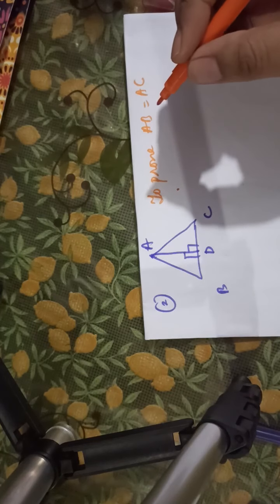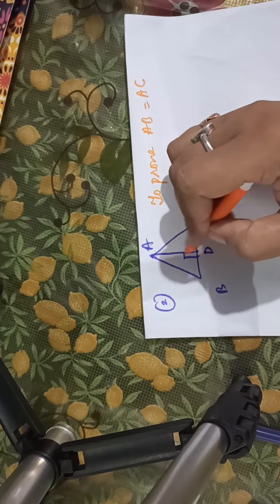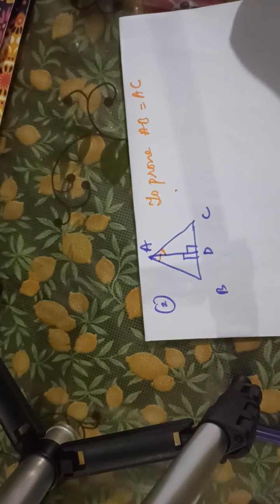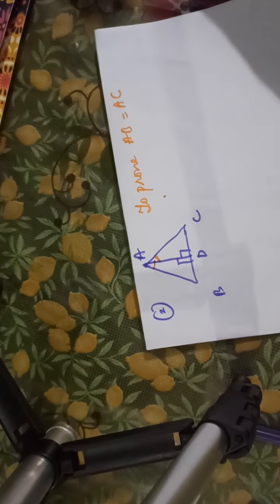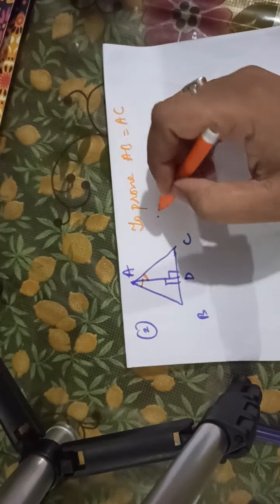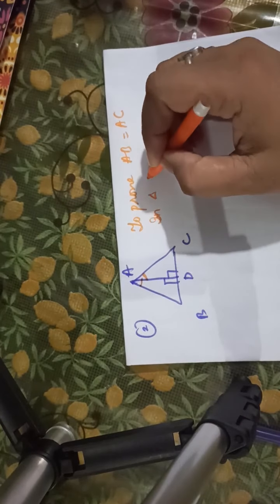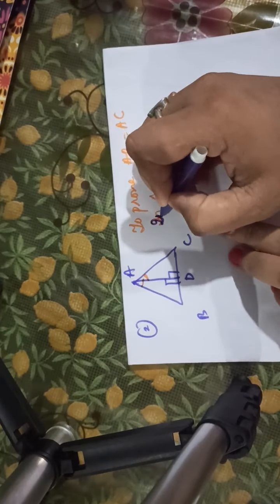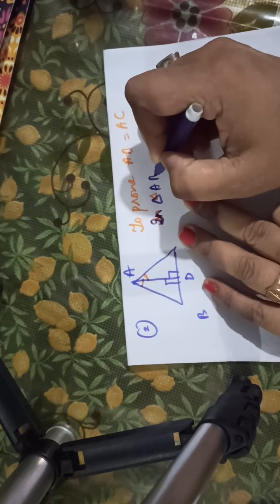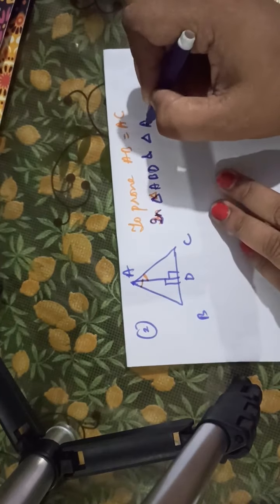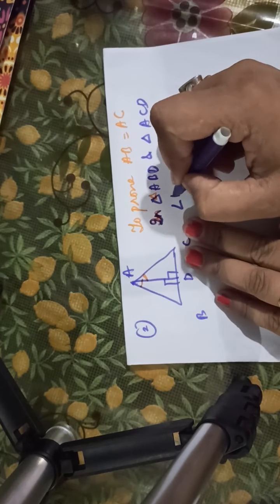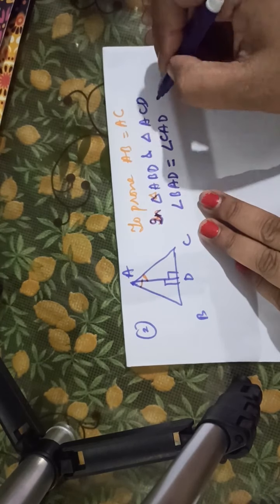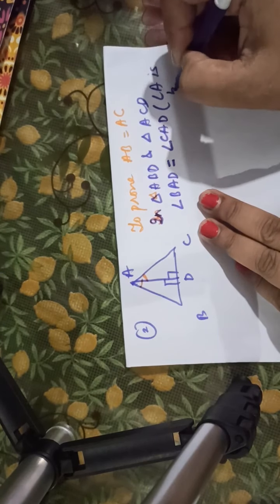That means this angle is also equal to this angle, isn't it? Because angle A has been divided into two parts. So in triangle ABD and triangle ACD, angle BAD is equal to angle CAD. Why? Because AD is the bisector of angle A.